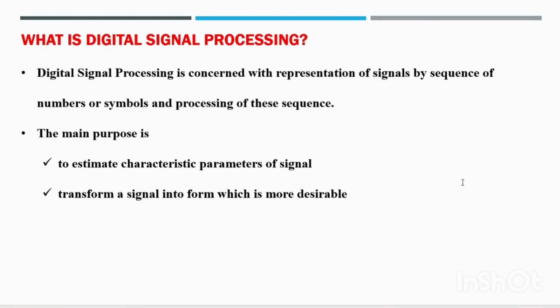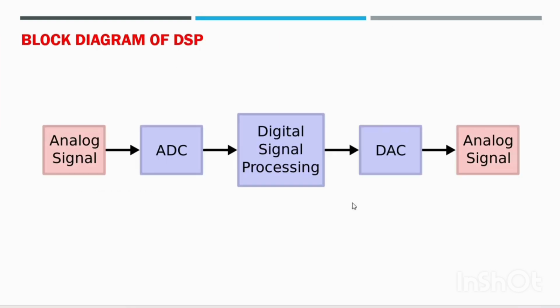So now let's see how this happens in a typical DSP system using this block diagram. Everything starts with the input analog signal. This input analog signal might be anything like your voice, sensor output, ECG, EEG, whatever it might be. The signal first goes into the ADC.